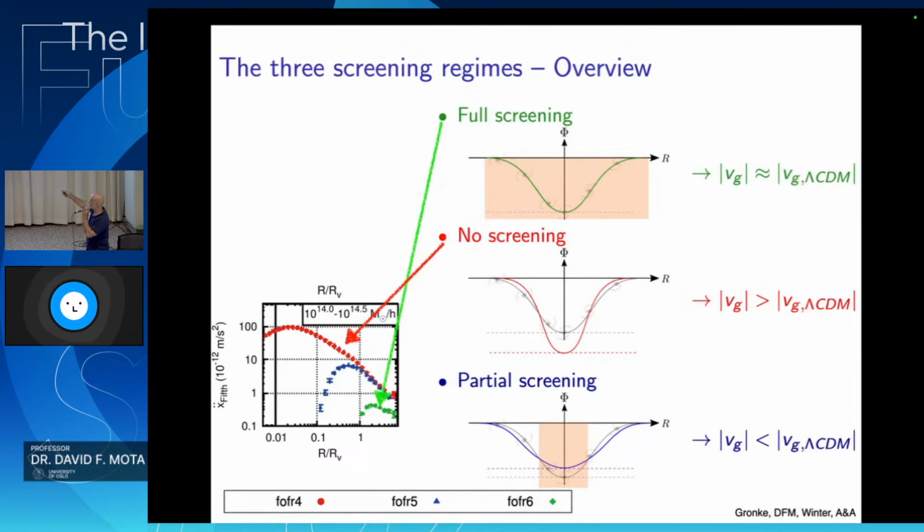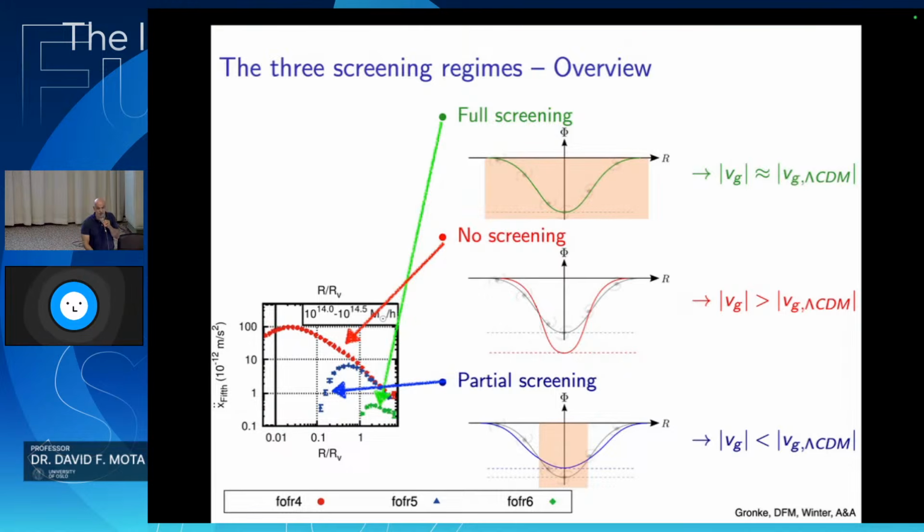That's why I have a very strong phi force, and the size of my gravitational potential is very deep. So there's no screening and very strong deviations from lambda CDM. And then I have this intermediate case, which is the partial screening, where up to 0.1 of the virial radius you have the phi force, and then the phi force is completely screened inside the cluster.